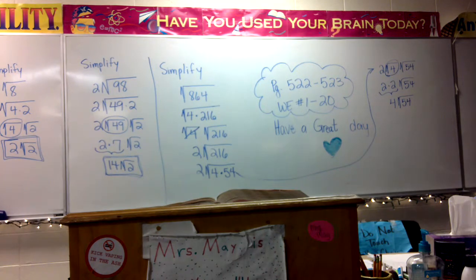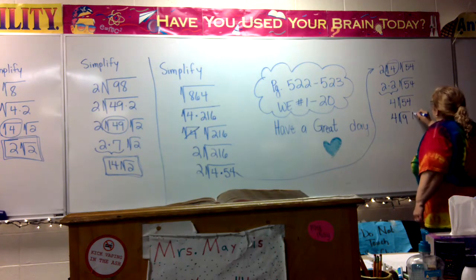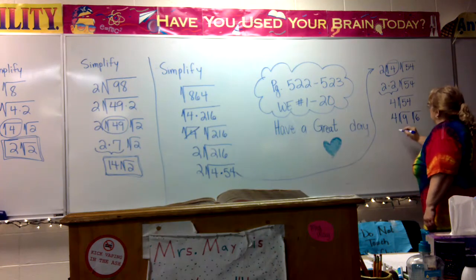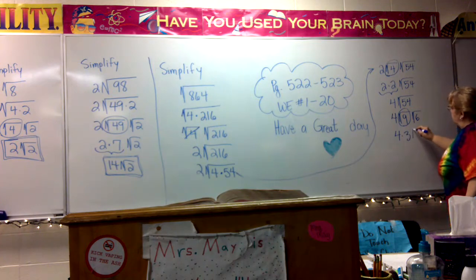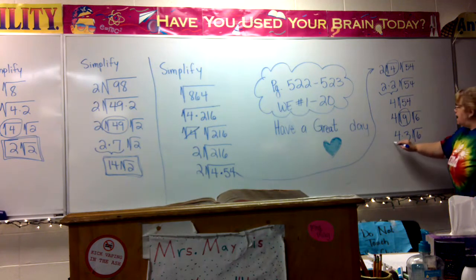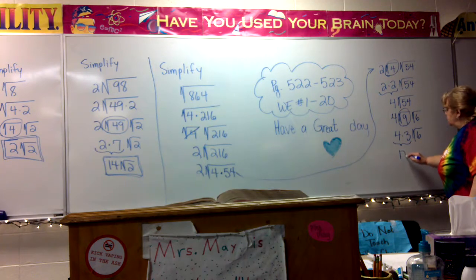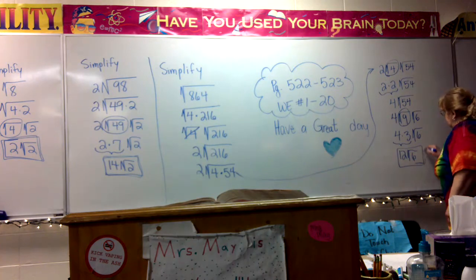He says 9. Does 9 go into 54? Yes. 9 times 6. What's the square root of 9? And square root of 6, you can't simplify that. What do I get here? 12 roots of 6.